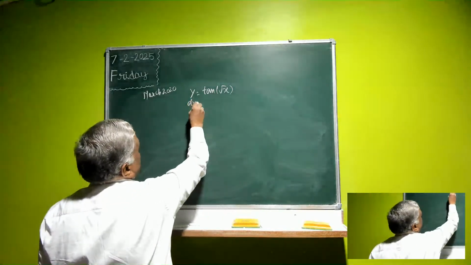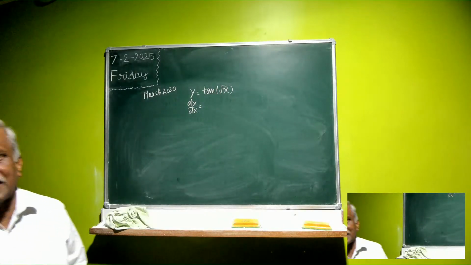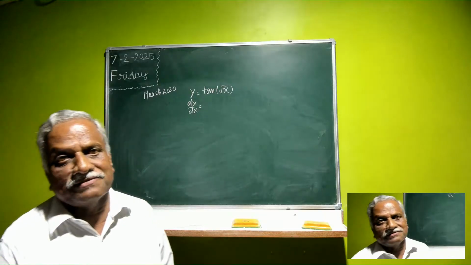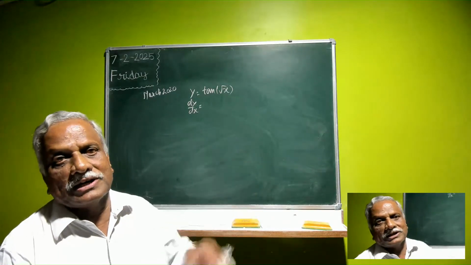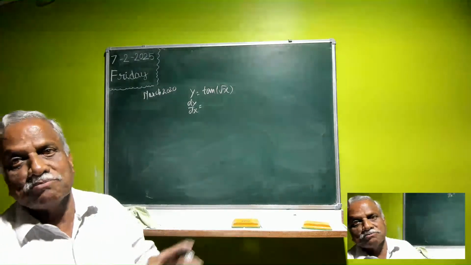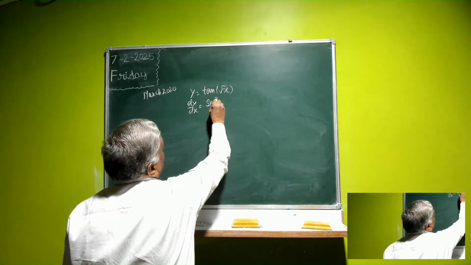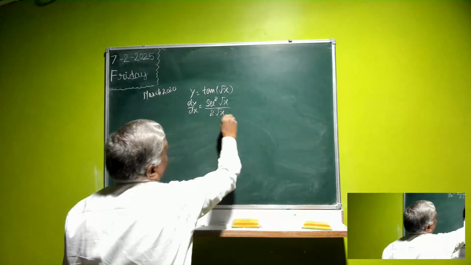I'm just rushing through because these are all very simple problems, and still I am working so that we go through all the questions. That's an advantage for you, making you work all the problems so that we know what type of questions have been asked and how simple they are. So tan differentiation is secant square root x, and root x differentiation is 1 over 2 root x.